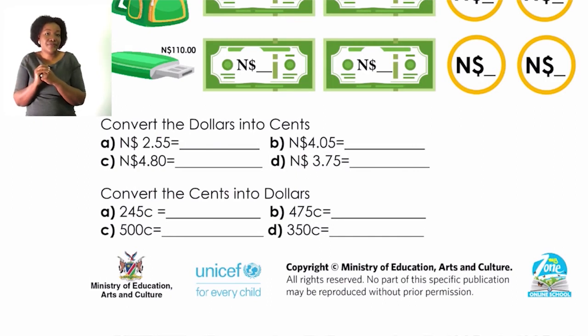So we have dollars there, and we have to change it into cents. There's a dot between the 2 and the 5. So we have to move the dot 2 places to your right. You can always indicate how you are jumping 2 places. After you finish jumping, rewrite the whole number on the line without the dollar sign.